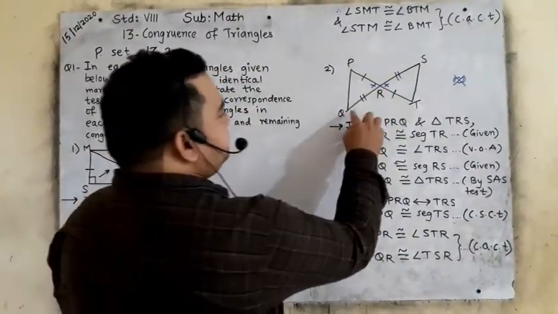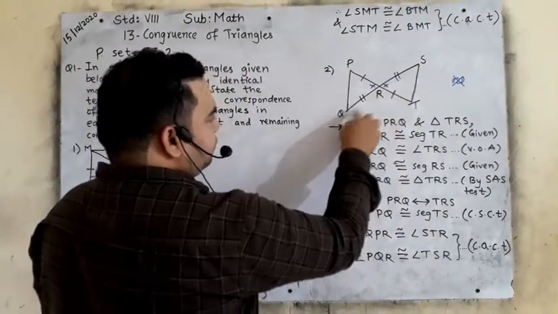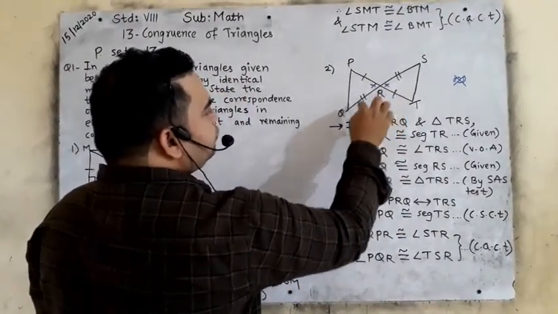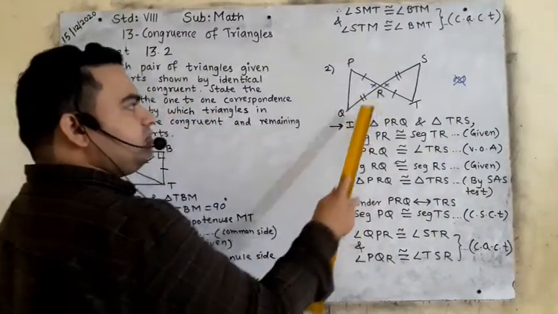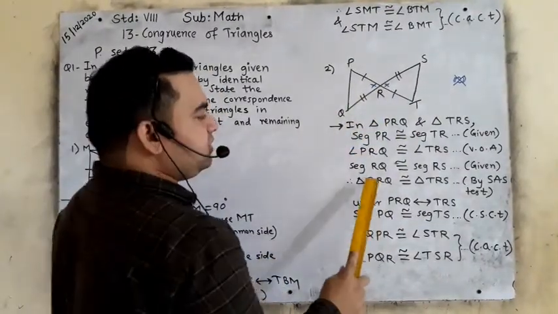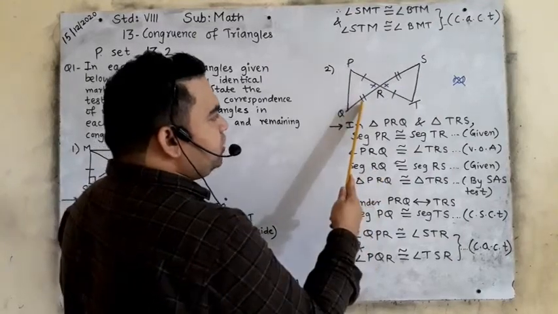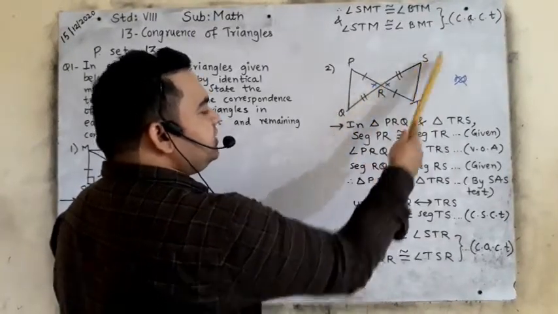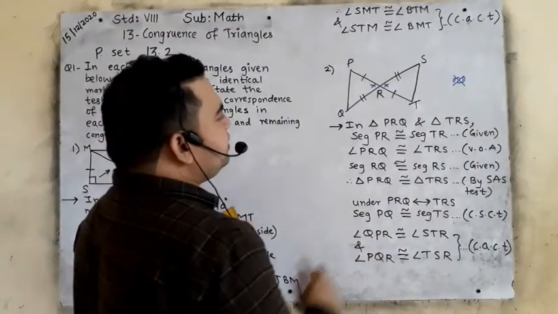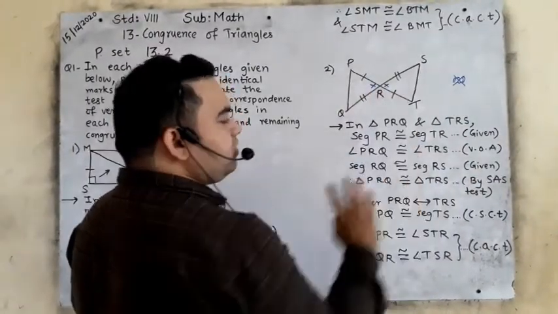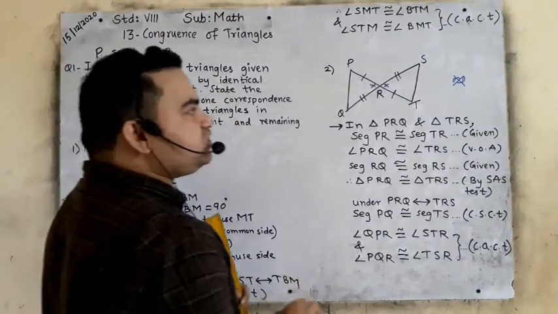Now see segment RQ. Can you see RQ? And here two lines are there. So you will say RQ and RS are congruent to each other, given by two identical marks. Segment RQ has two marks and segment RS also has two marks, so it is congruent, given. Therefore these two triangles will be congruent to each other by which test?